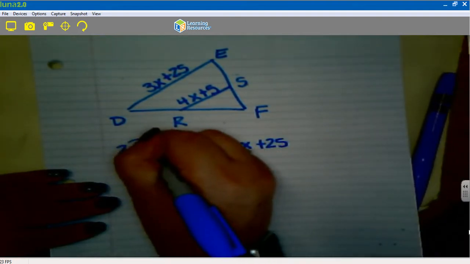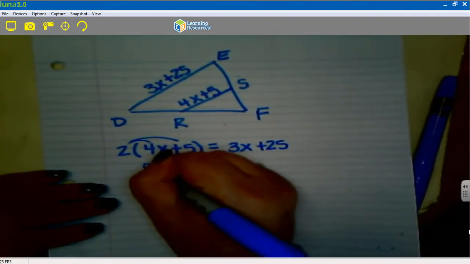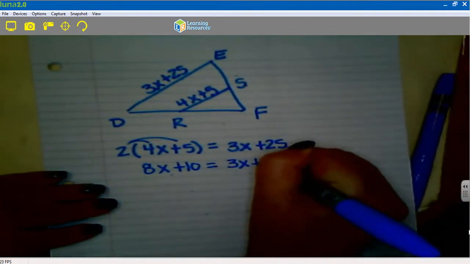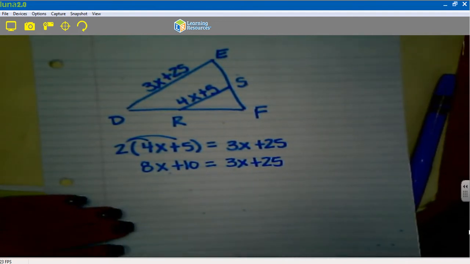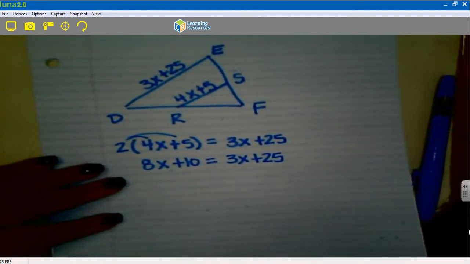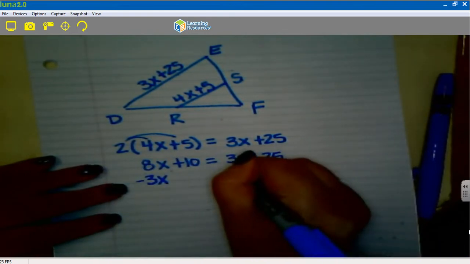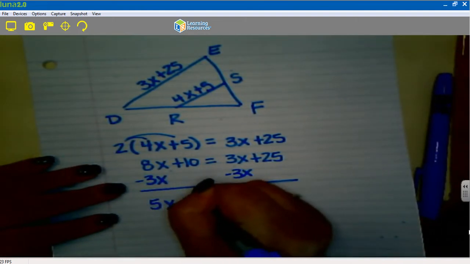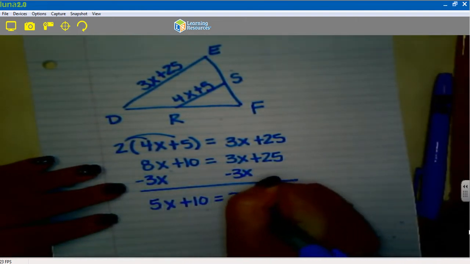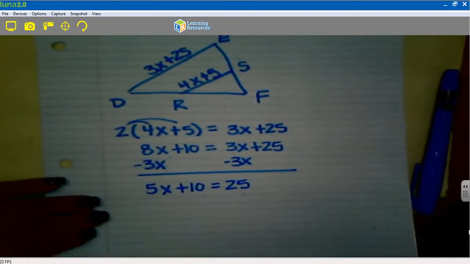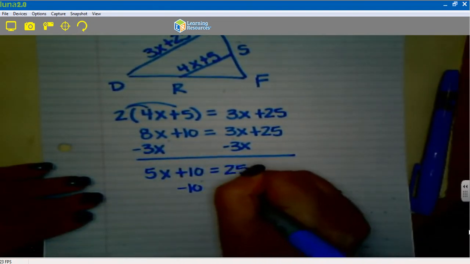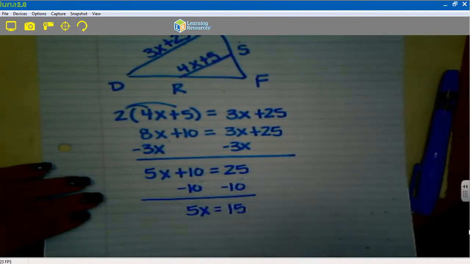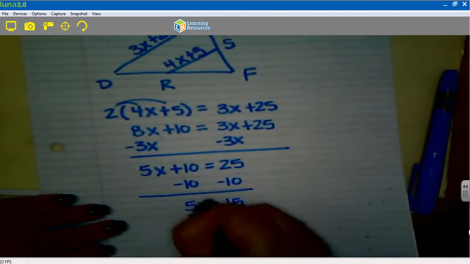So to solve, we're going to distribute: 8x plus 10 is equal to 3x plus 25. Subtract 3x from each side, so we get 5x plus 10 is equal to 25. Subtract 10. 5x is equal to 15.